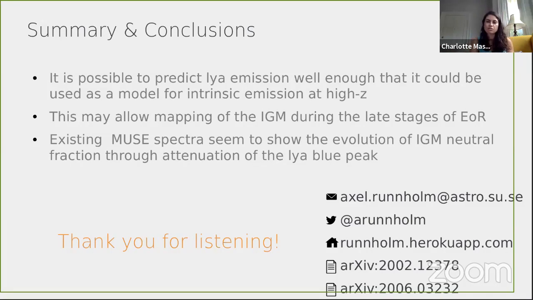Okay, so we have a question from Hakeem Atek, who asks, do you worry that your model, which is calibrated at low redshift, might not work so well at high redshift because of the redshift evolution of many galaxy properties? Well, there is always a worry, but the fact that we use these galaxy properties in the model means that we take at least some of this evolution into account.